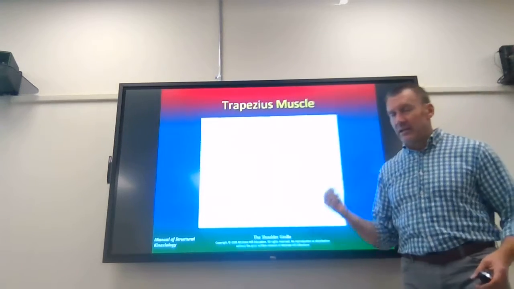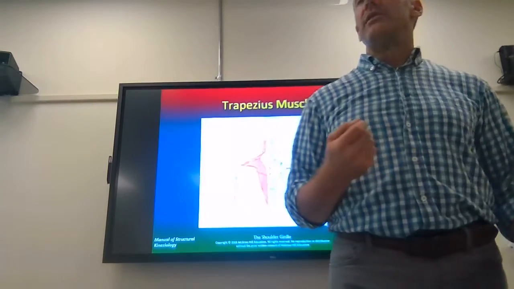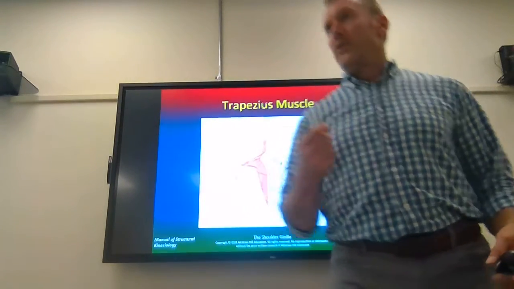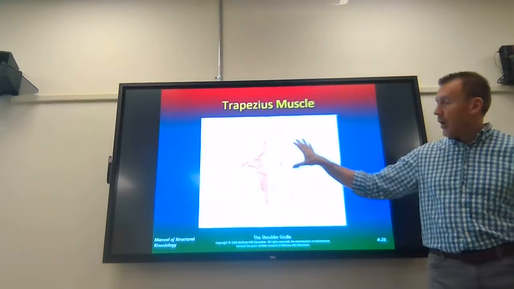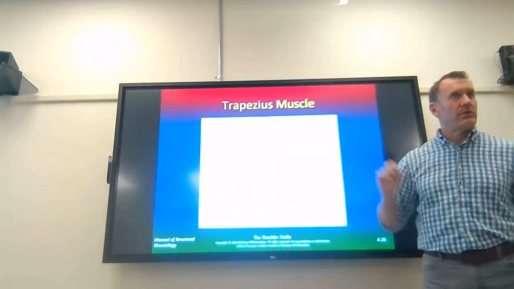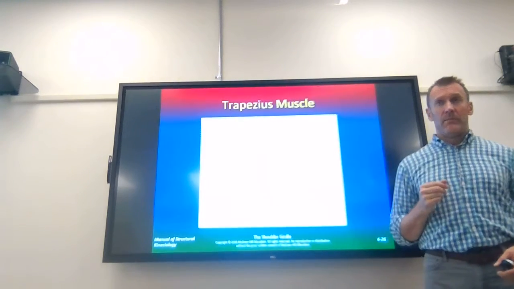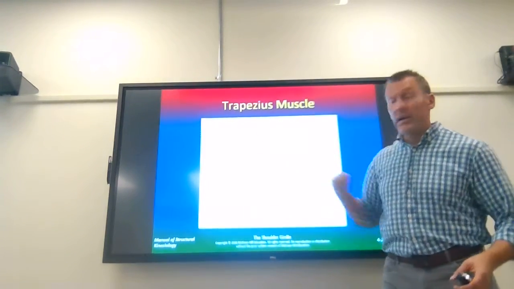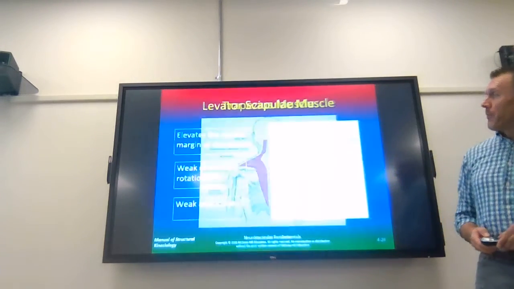So when we talk about elevation, depression, upward rotation, downward rotation, protraction, retraction, those are all things happening here at the shoulder girdle. So that's where all your insertion sites are going to be for shoulder girdle muscles, somewhere on the clavicle or the scapula. So the site of origin is going to be over here on the more stable axial skeleton somewhere.